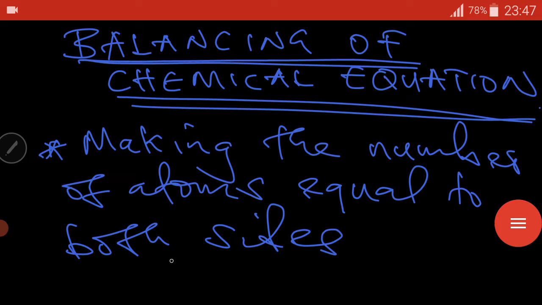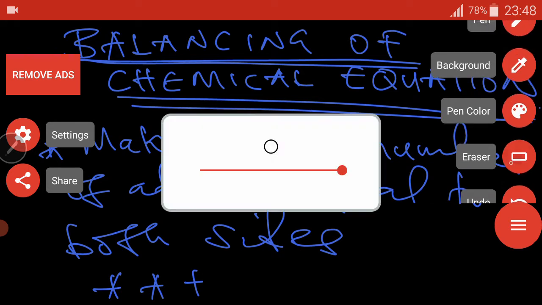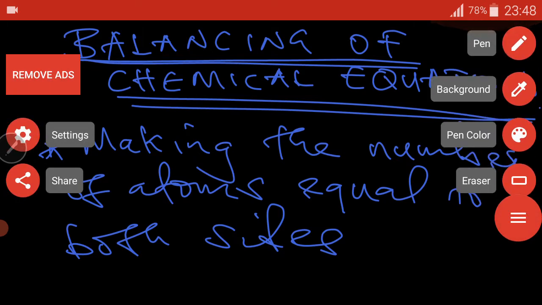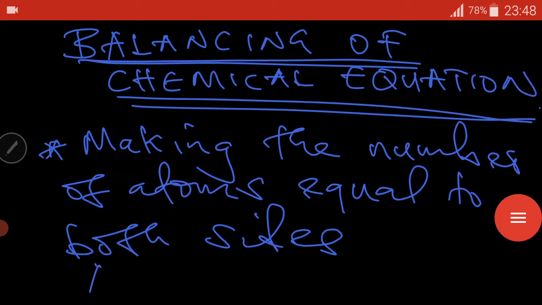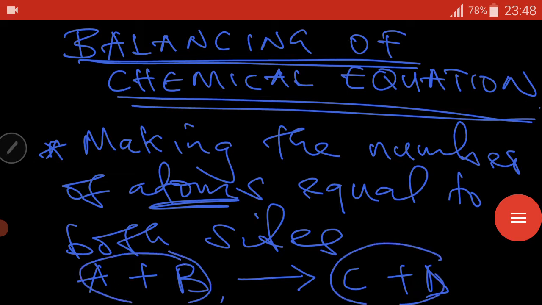For instance, given a chemical equation of A plus B resulting to C plus D, the number of atoms to the left should equal the number of atoms to the right.